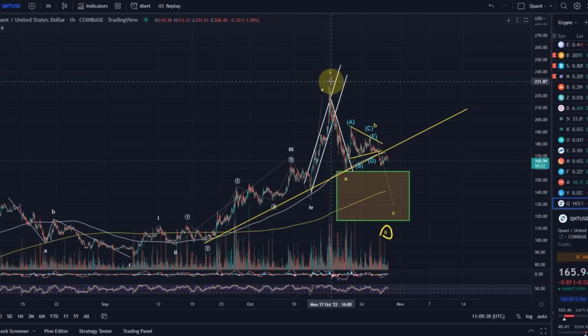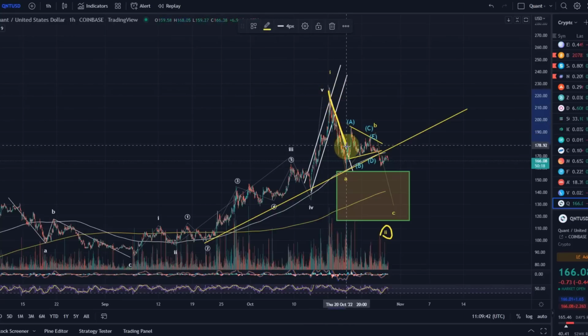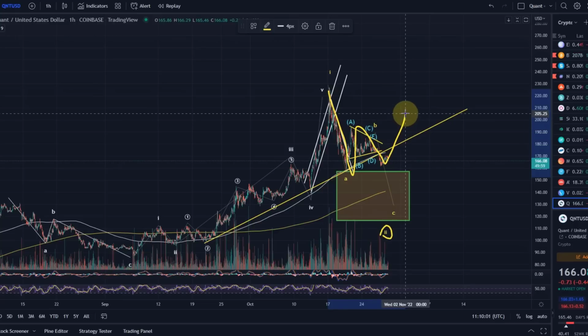Or, just thinking, or this was the wave A, then we might still be in wave B. So we could also say this was the A wave of the B wave. This is the B wave of the B wave, and there will be another C wave of the B wave, and then we come down.